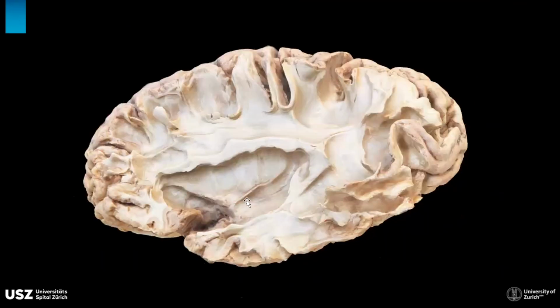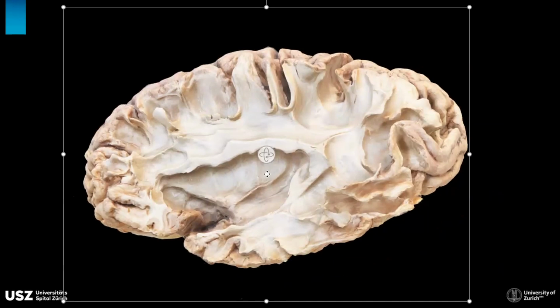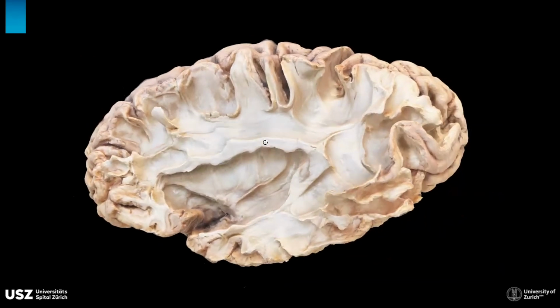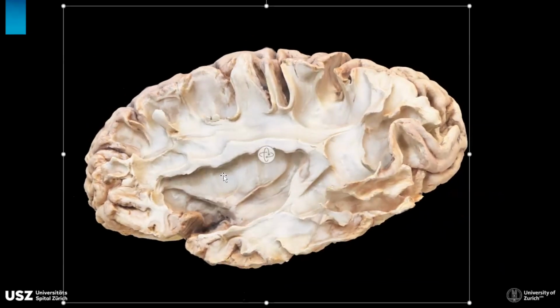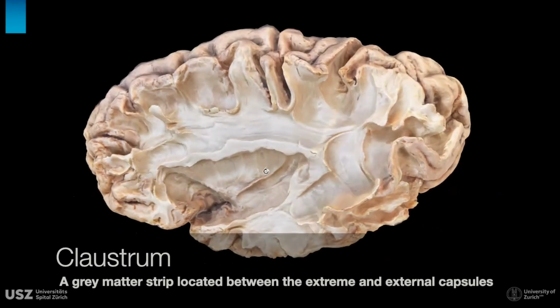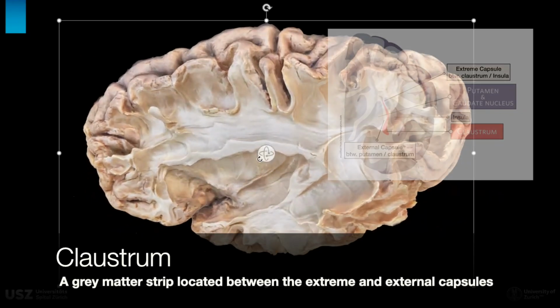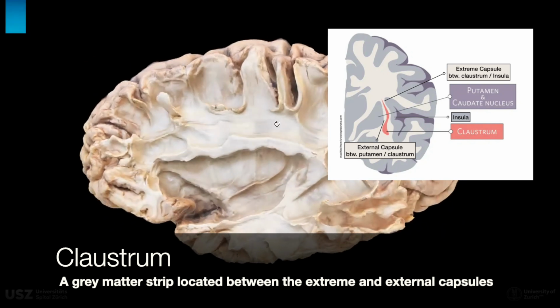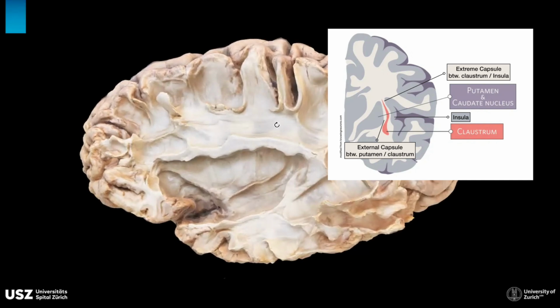Further step, removal of the first fibers of the extreme capsule will reveal, you see here, fibers going cranially, capsula externa, and here a gray matter, this one. This is the so-called claustrum. This is the gray matter of the claustrum. The claustrum is interposed between capsula extrema and capsula externa, or extreme and external capsule.